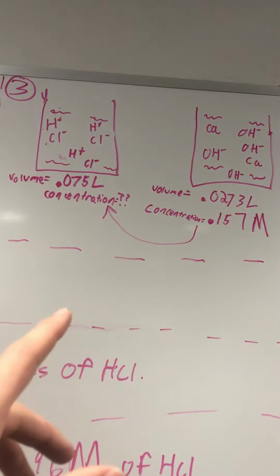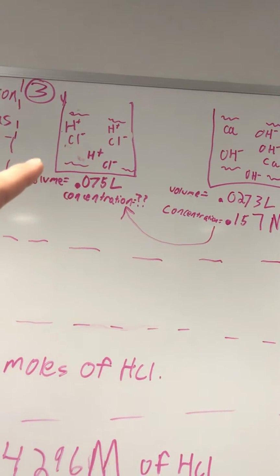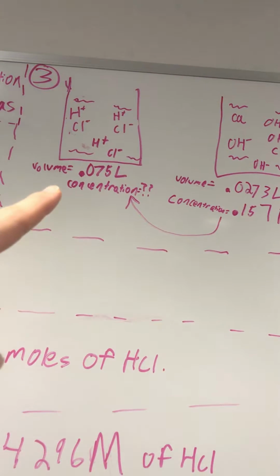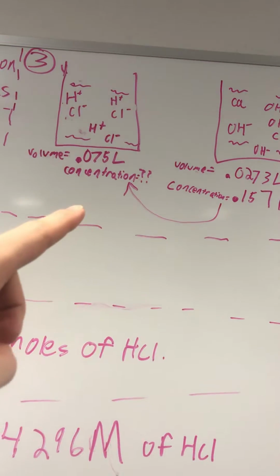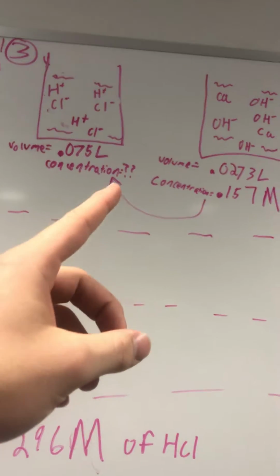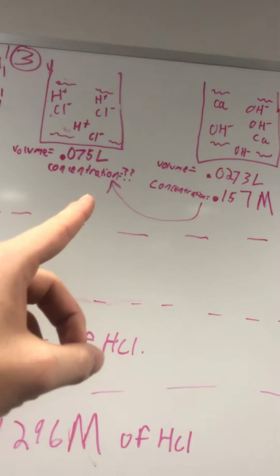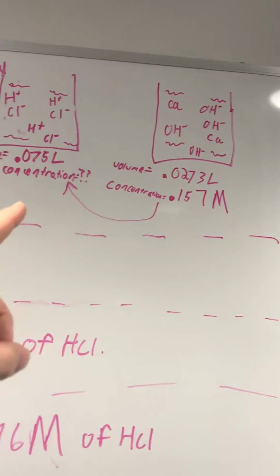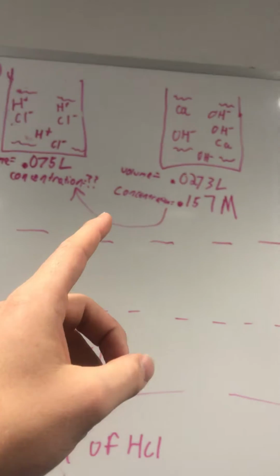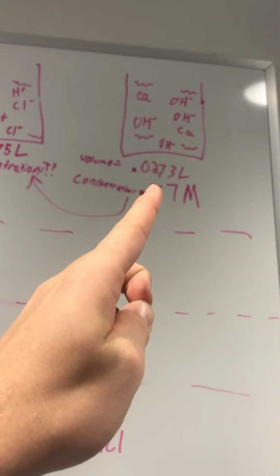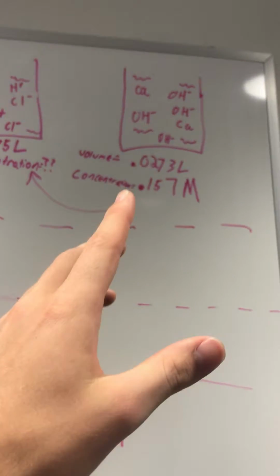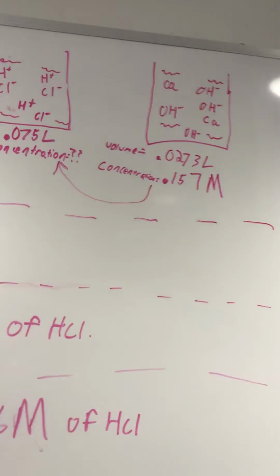So we know we have two solutions here. The first solution is an HCl solution with a volume of 0.075 liters. It has an unknown concentration. That's what we're going to want to find. We also know that it's titrated with a Ca(OH)2 solution.